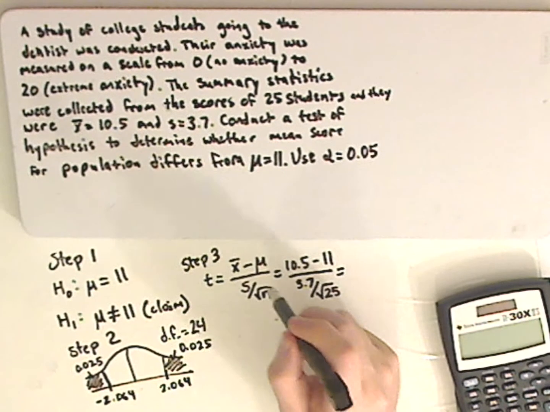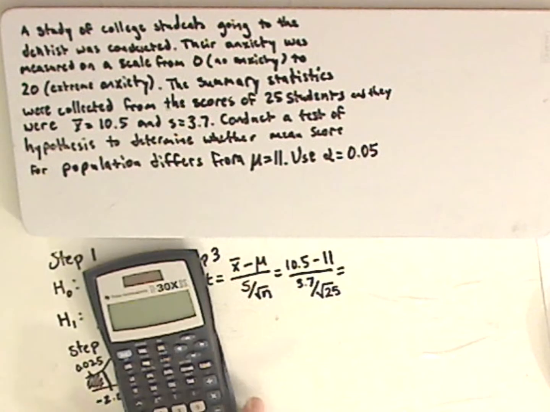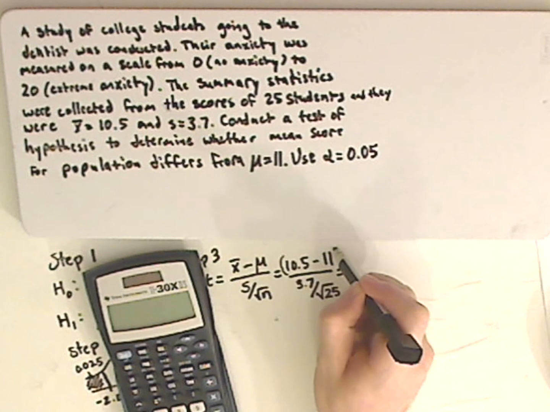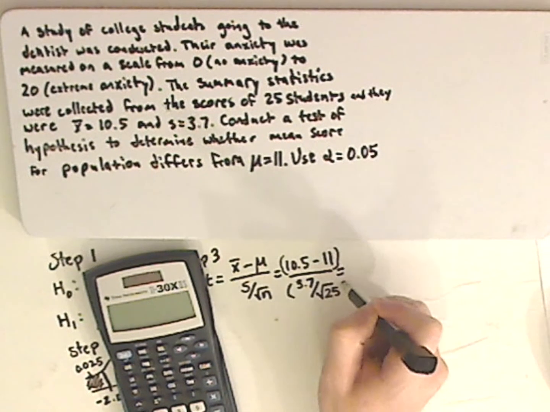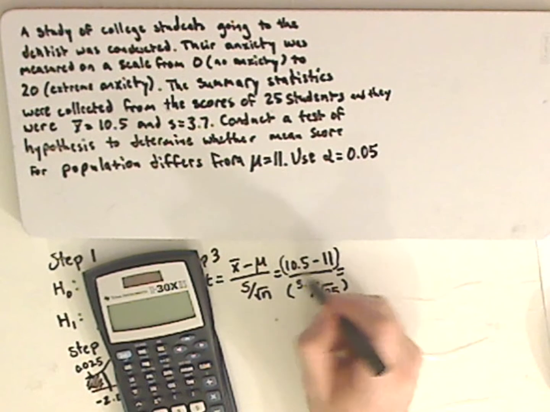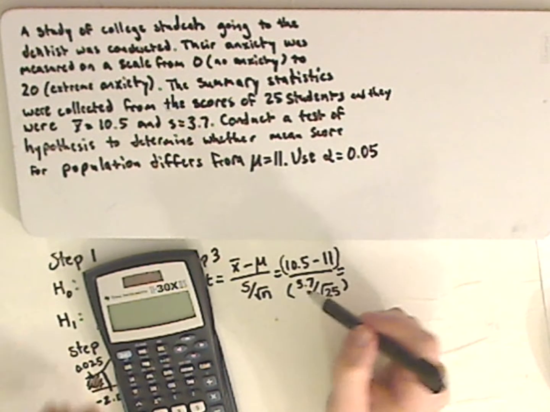Now plug that into your calculator. When you're plugging it into a calculator like this one, you want to put both the numerator and the denominator inside parentheses, because the fraction bar means division.